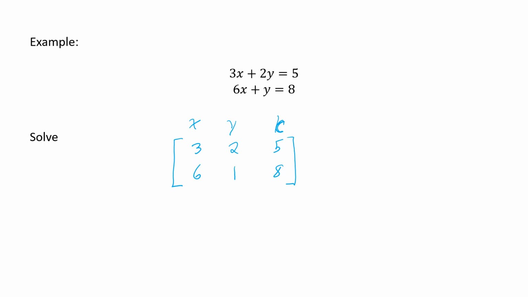So what we're going to do is use row operations now to turn this into row reduced form. So what does it say? The Gaussian method says find our first pivot point, turn everything under it into a 0.